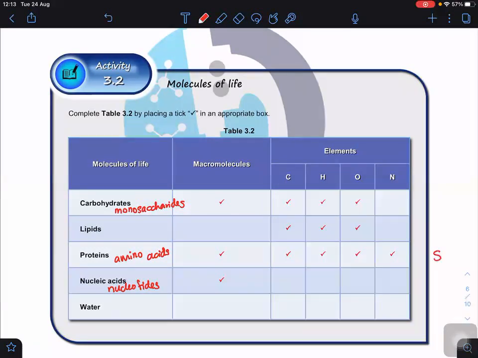Two amino acids actually have the sulfur atom. But every one of them will have CHO and N. Nucleic acids, same, they have all of them, CHO and N. And water, they are not macromolecules, so H2O.